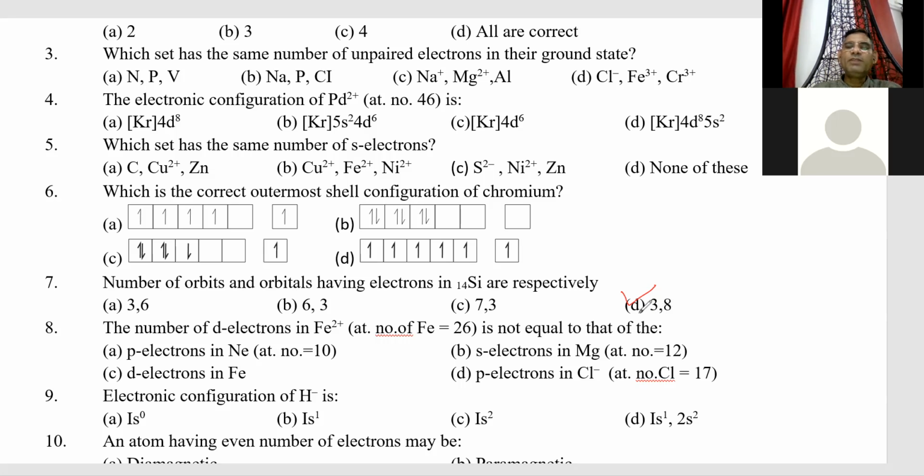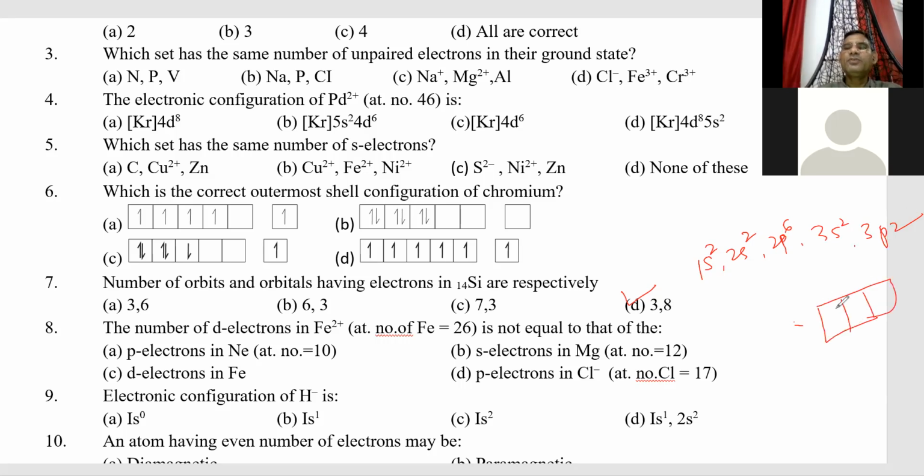Yes. See, what will be the electronic configuration of Si14? 1s2, 2s2, 2p6, 3s2, 3p2. In 3s, how many orbitals are there? 1.